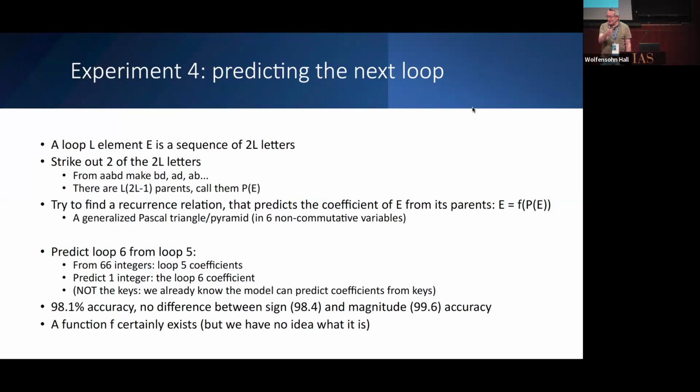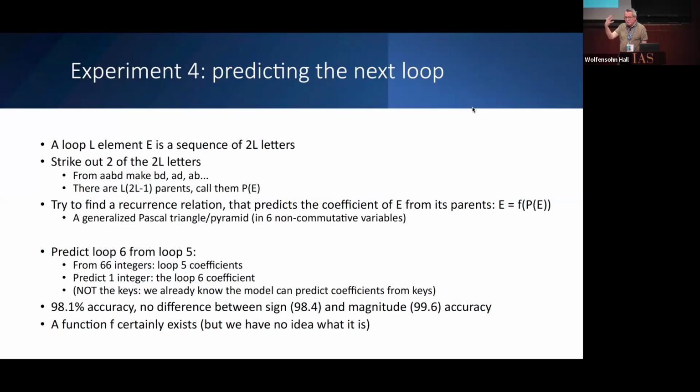And you have 2L times 2L minus 1 divided by 2 ways of doing that, right? That's what we do here. We call it the strikeout. So we eliminate 2 letters, and we have a sequence of coefficients, okay? And we try to find a recurrence relation that would predict the coefficient of loop L from the parents of loop L minus 1.